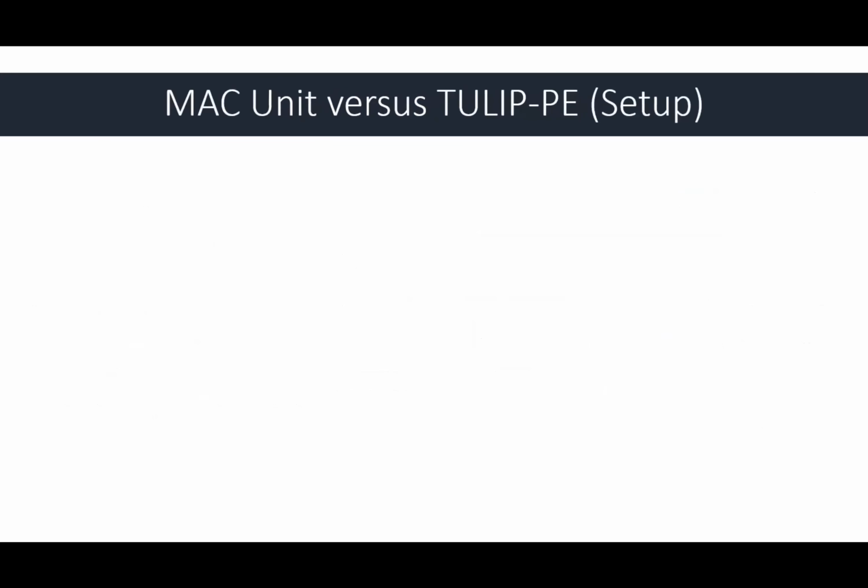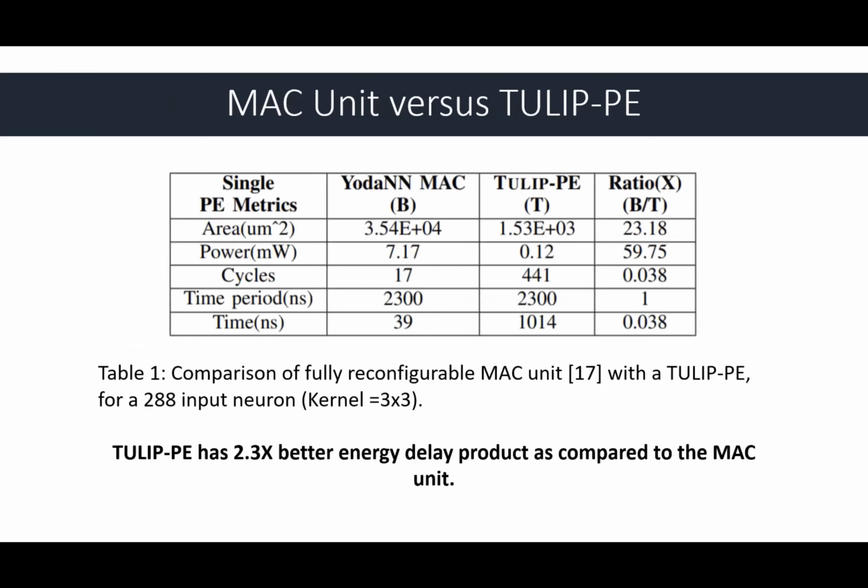Now, in order to evaluate this architecture, we chose another benchmark architecture by the name of YodaNN. This architecture was chosen as it evaluates BNNs without using voltage scaling or approximate computing. We constructed both the YodaNN architecture and the Tulip architecture using TSMC 40 nanometer LP process. Both the architectures were evaluated by performing a 288 input neuron computation.